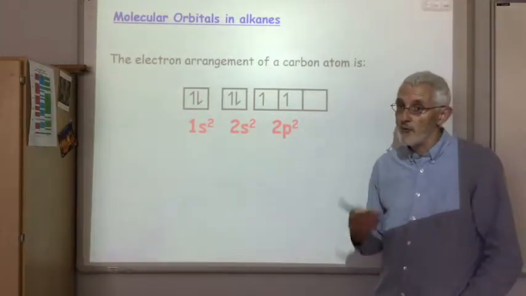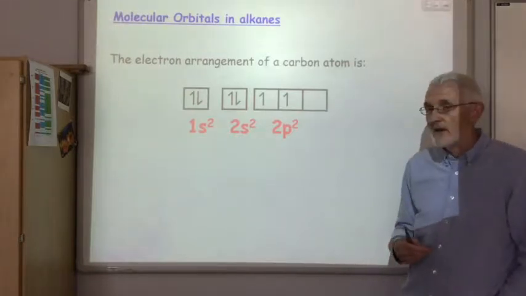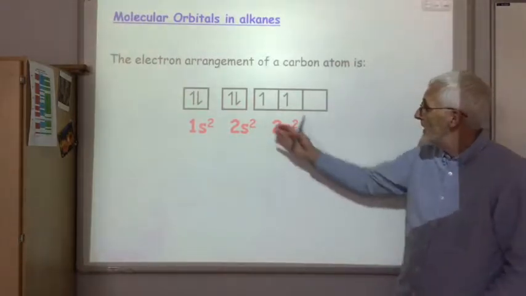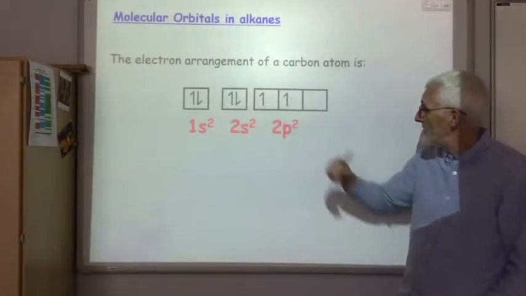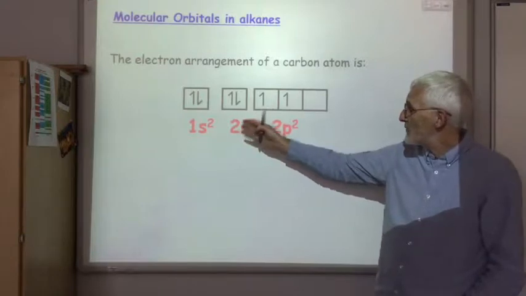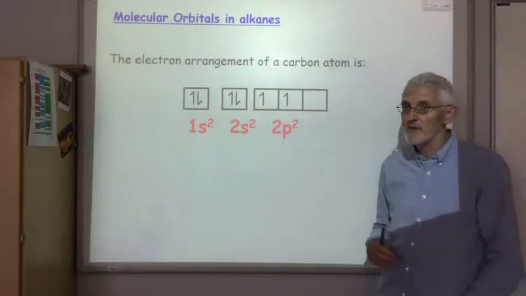And we know it forms 4 bonds, and the 4 electrons involved in these bonds are these 2 electrons here and these 2 here. So 2 of them are in s orbitals and 2 of them in p orbitals.